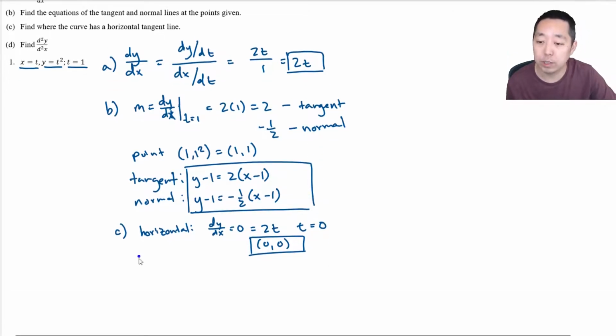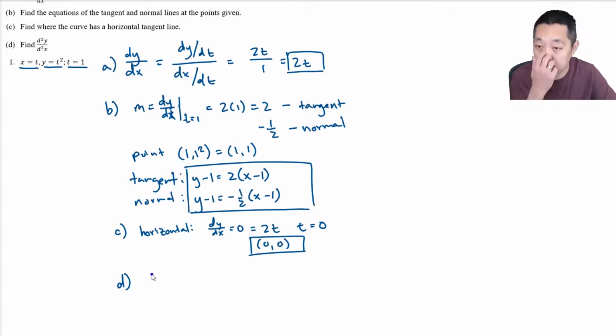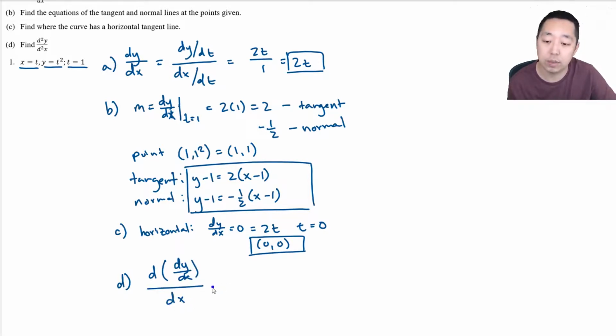And then second, find the second derivative. This one's a little bit trickier because we don't just take the second derivative of the equation directly. You're taking the derivative of dy/dx with respect to x, right? That's ultimately what we're doing.